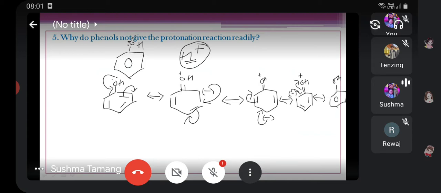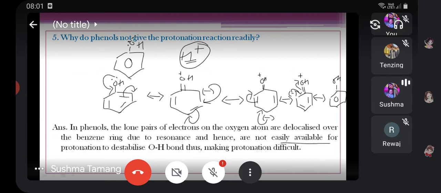ठिकै छ. So what we can see here is यो जुन चाहिँ lone pair छ, it is not only there on the oxygen atom, okay, it is distributing throughout this ring भयो. यो oxygen atom मा मात्र बसेको छैन, यो distribute भएको छ, and because of this reason, this lone pair is not easily available for protonation, okay, making protonation difficult. जब हामी alcohol को कुरा गर्छौं, यो easily protonated हुन्छ, why?